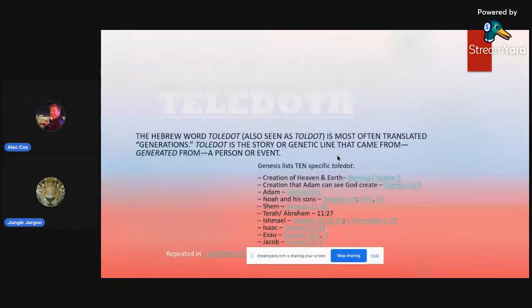And this is where it really gets into the toledot. This toledot gets into the lineage, the generations, and there are actually 10 specific toledot in Genesis alone. The only time you come across the next toledot after that is in First Chronicles, Second Chronicles, and then you go into the toledot of Jesus Christ in Matthew and Luke.